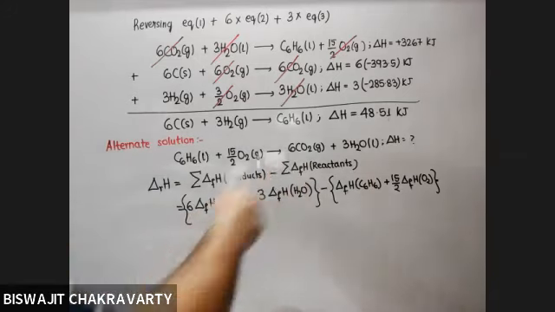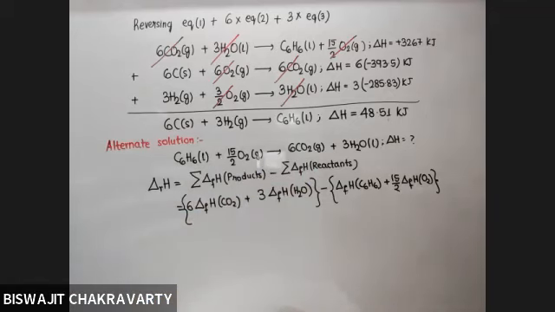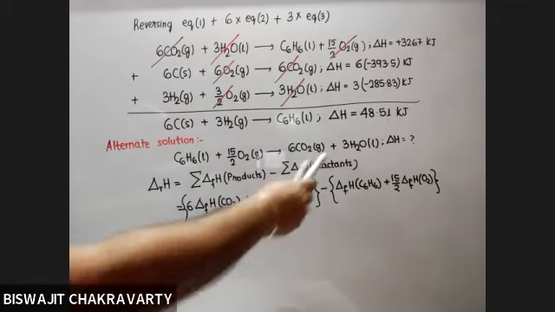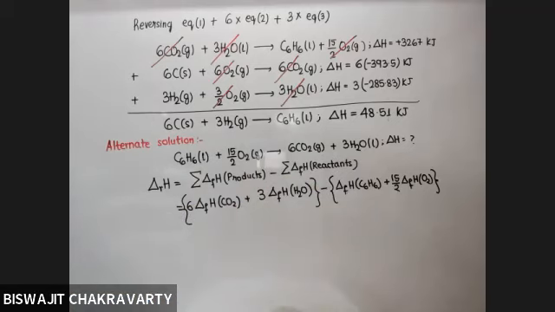Six into enthalpy of formation of carbon dioxide plus 3 into enthalpy of formation of water, minus enthalpy of formation of benzene plus 15 by 2 into enthalpy of formation of oxygen. Clear? Yes, sir. Now you put in the values.